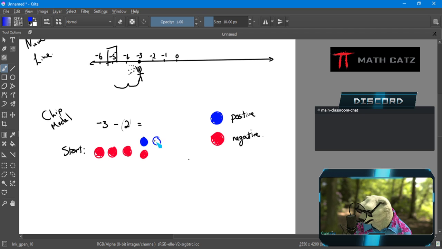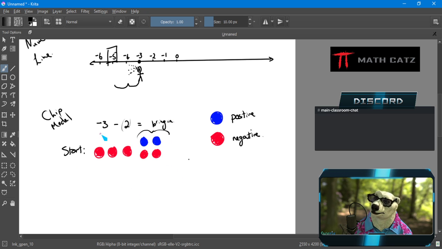And then I should do that again because I need to see 2 positive chips on my table, because that's what I want to remove. So I bring in, I don't want to say add, I bring in another pair. So let me write this down here. So here I bring this in, bring it to the table.